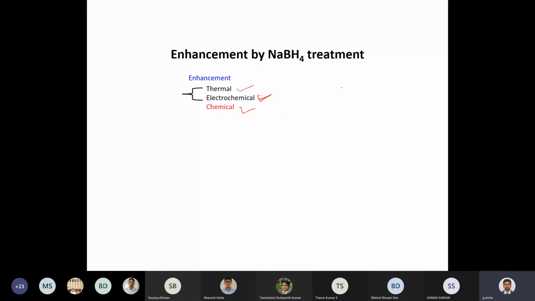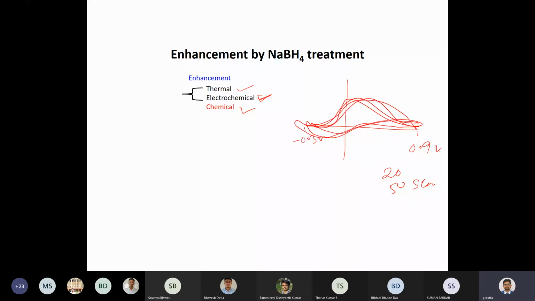Electrochemical means you can scan, say, from minus 0.3 volt to 0.9 volt. You can scan the electrode surface within this potential range, maybe 20 to 50 scans, that is, 1 scan, 2 scan, 3 scan, like this way.